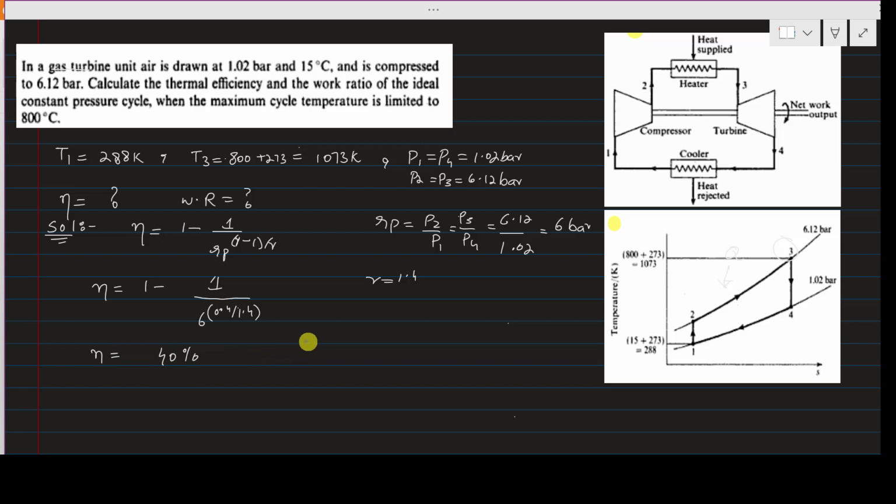Next, before finding the work ratio, you must know how much work output is obtained during the turbine's isentropic expansion. When isentropic expansion occurs from point 3 to 4 in the turbine, it will deliver some work output. That work output you have to calculate before calculating the work ratio.